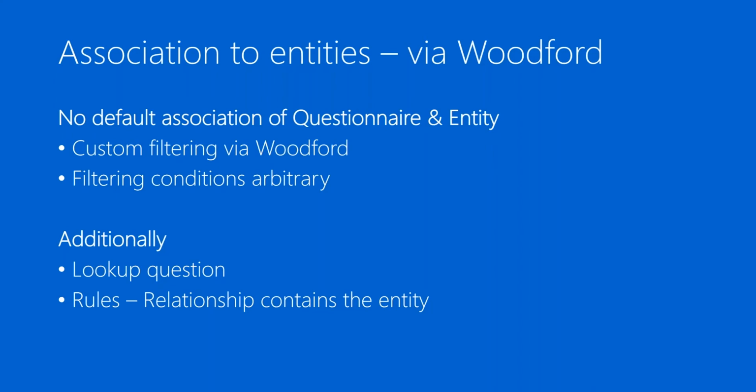You have to do this association via Woodford, and you do it by custom filtering on the questionnaire and adding arbitrary conditions, so basically the conditions that you need to make the questionnaires associated to the exact set of the records that you want. As I said, I will try to do this in a demo, hoping that it will bring more clarity to what I'm talking about.